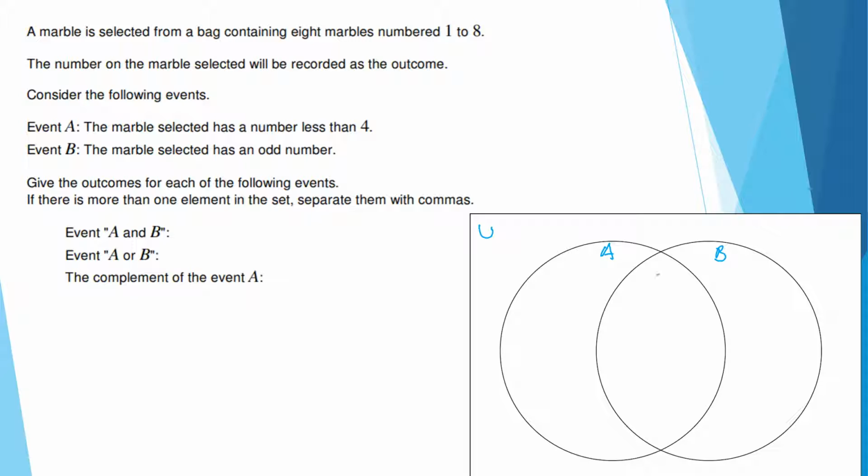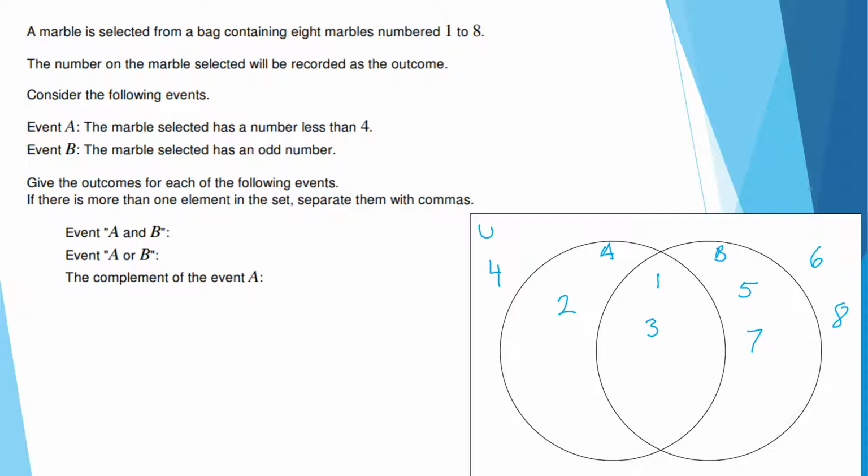So 1 is in both. 2 is in A because it's less than 4. 3 is in both. 4 is not less than 4. So 4 is in my universal set. 5 is an odd number. 6 is in my universal set, 7 is an odd number, and 8 is in my universal set.